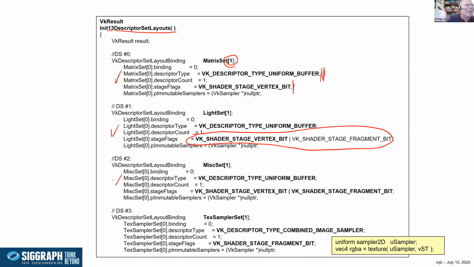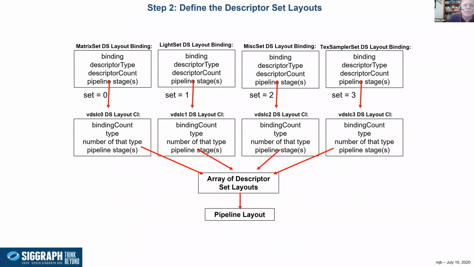That's where I was just kind of throwing in anything else that I needed, like the time variable, for instance, which mode I'm in. And so I figure, yeah, we should let all shader stages get access to that. This texture sampler, nah, that's just the fragment shader. And so here we've set up the layouts for the different descriptor sets.